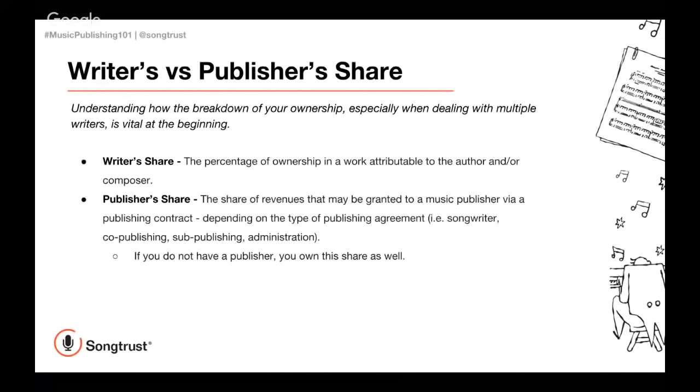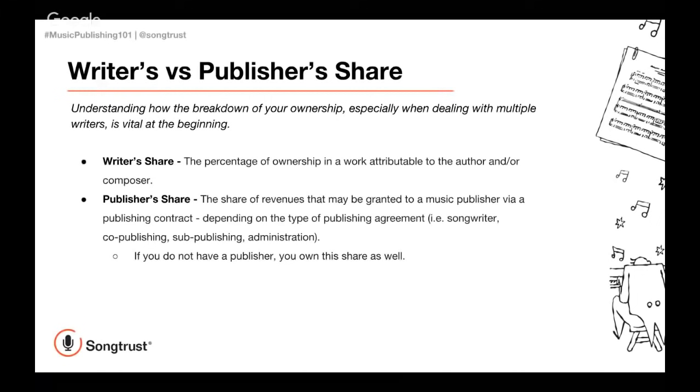So the writer and publisher share was put into practice to allocate a percentage of performance royalties that go directly to a writer. So if you're affiliated with a PRO, which we'll also discuss in a little bit, you're getting paid from them a writer's share and a publisher share, and that's split right down the middle, 50-50.